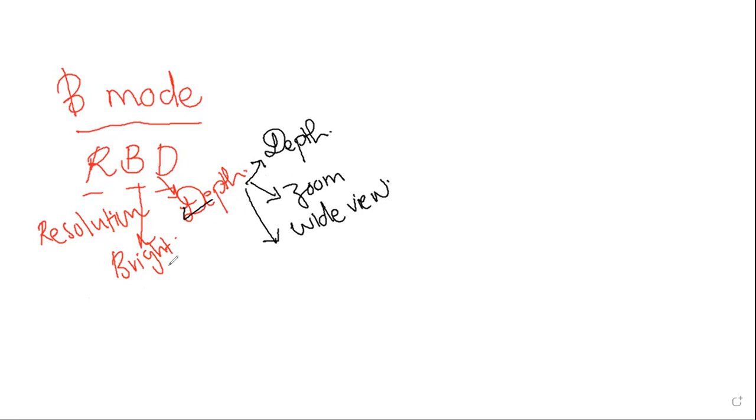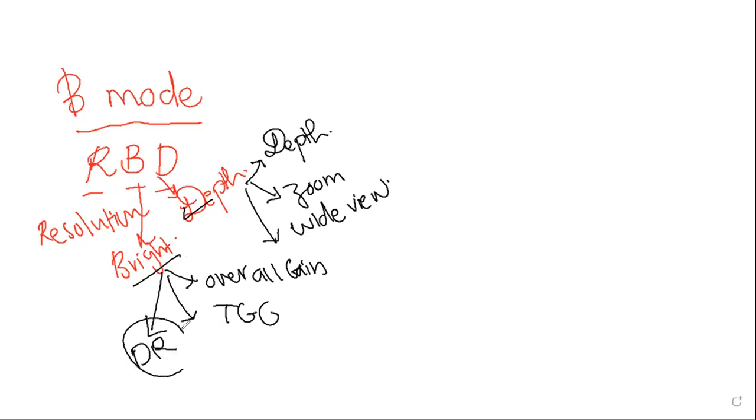Okay, that is the depth. What about the brightness? We've got the overall brightness or the overall gain. Okay, and then we have the TGC. Now there will remain the dynamic range, the one we're going to discuss in just a few seconds. Okay.